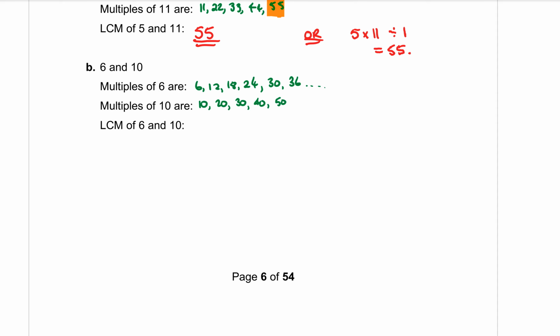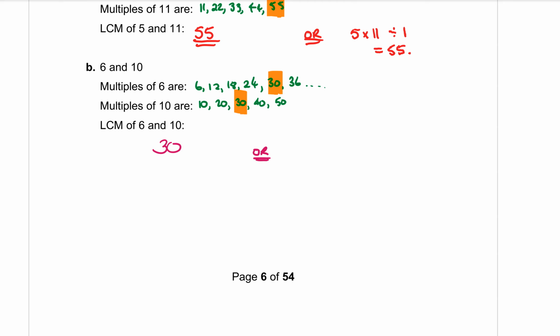Yes, we have. So the first factor to pop up was this number, sorry, multiple, not factor. The first multiple to crop up was the number 30. So the lowest common multiple is 30. Let's check that with our other method.